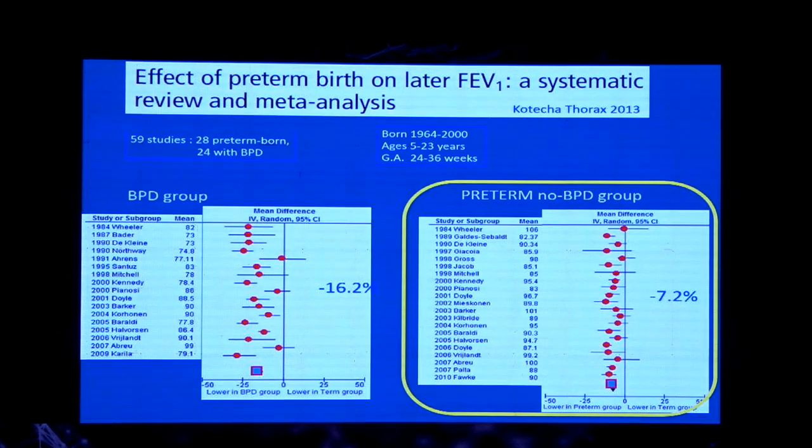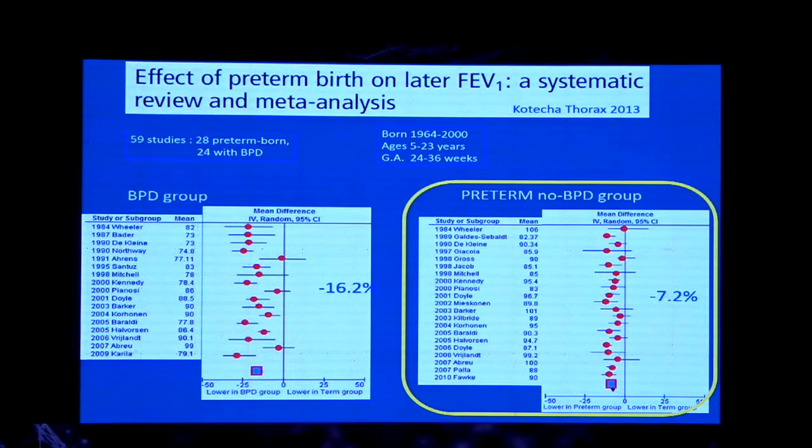And a measure and a consequence of these anatomical impairments is the following one. When we measure the FEV1 during the school age, we see from meta-analysis that a decrease by 7% is already there in all premature infants, regardless of being a BPD or not.